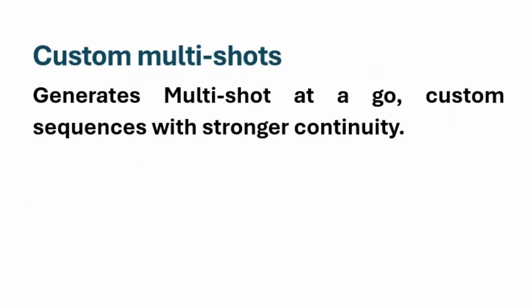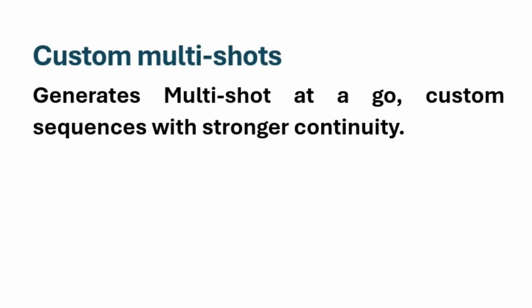Kling 3.0 comes with custom multi-shots. Okay, it generates multi-shots at a go, custom sequences with stronger continuity. One of the flaws some AI models have is when it comes to continuity, and Kling 3.0 fixes this. So you have stronger continuity as you create your video.